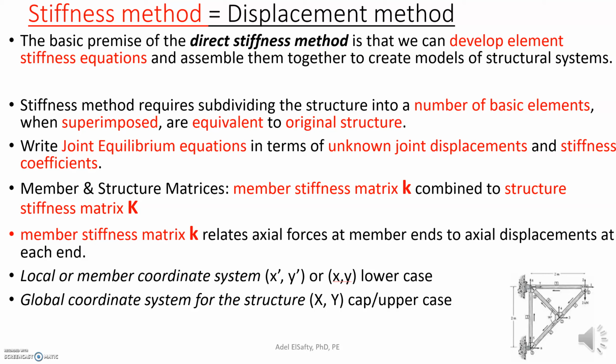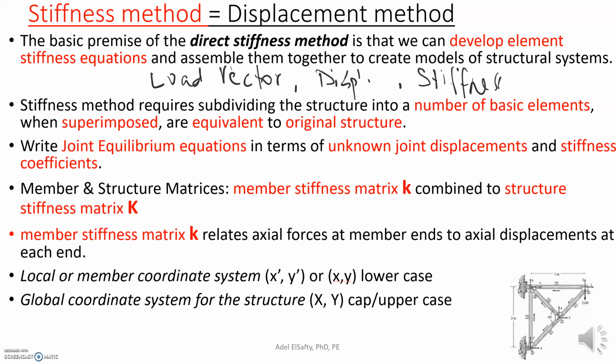The basic premise of this method is that you're developing the element stiffness equation, meaning that you will have a load vector, a displacement vector, and a matrix or stiffness matrix, which is the K that we are talking about.